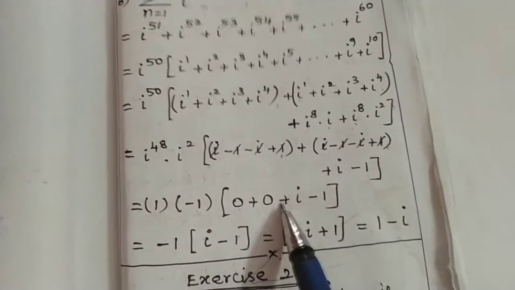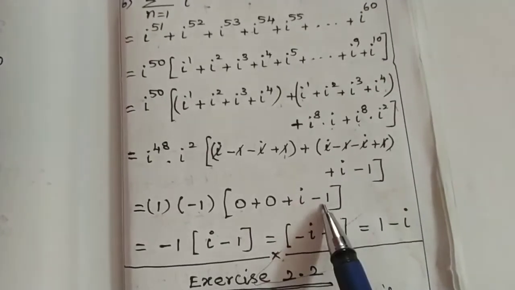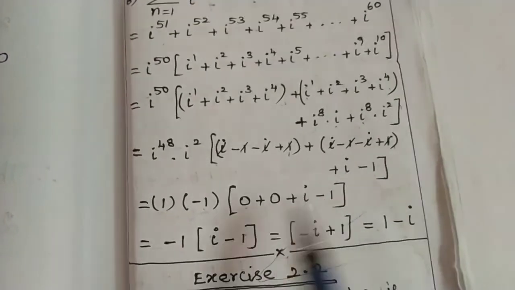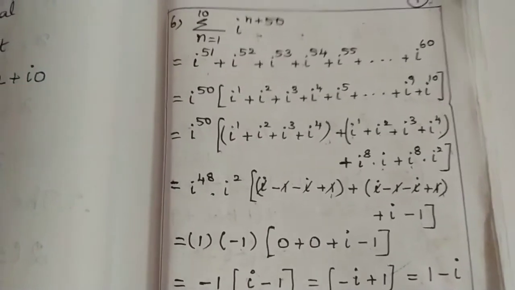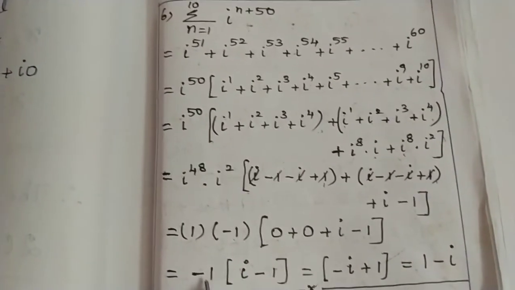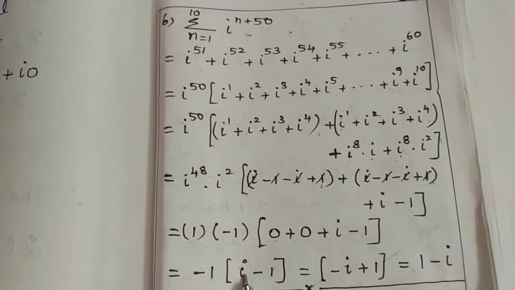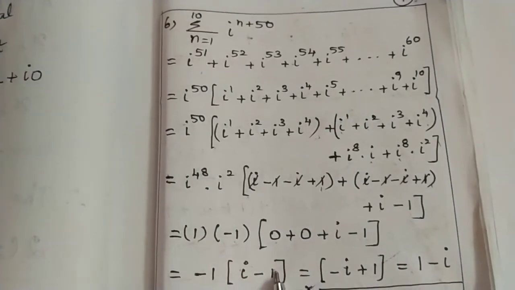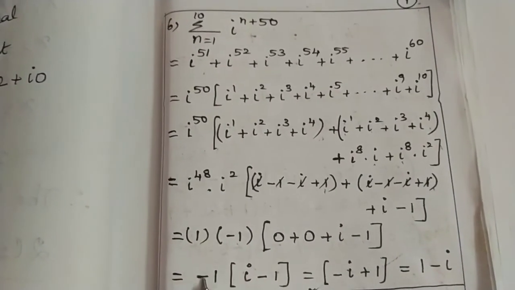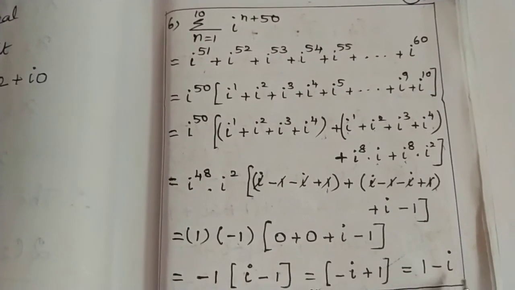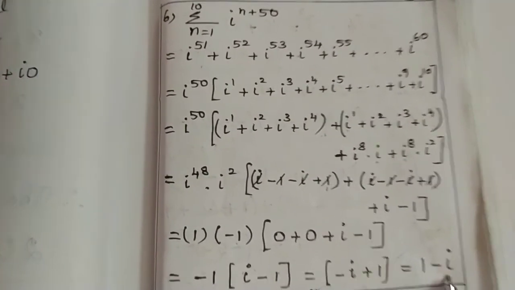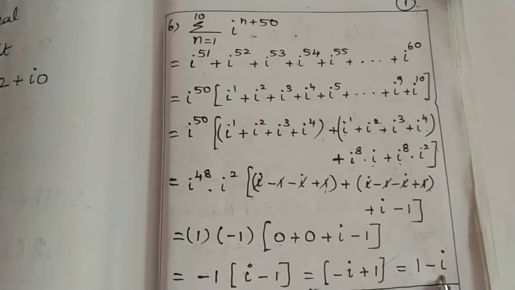What is the balance? 1 plus i minus 1. Okay. Now we get minus 1, that is i minus 1, multiply minus i here plus 1. Minus i plus 1, that is 1 minus i. We get the answer. Thank you, students.